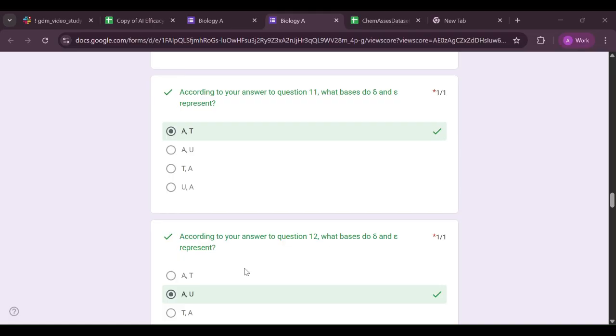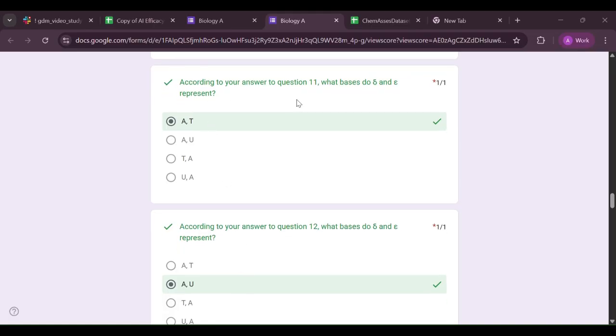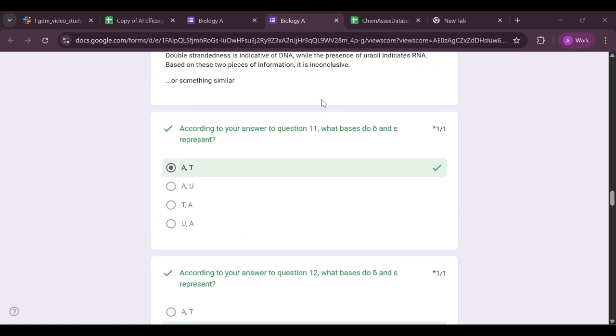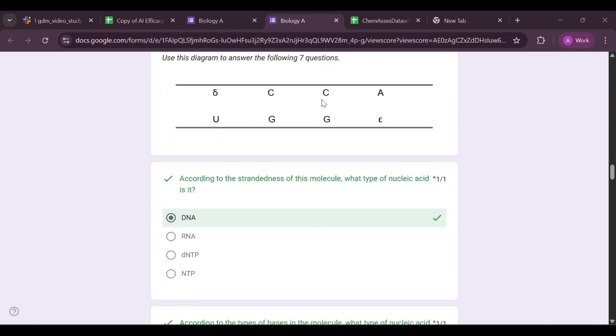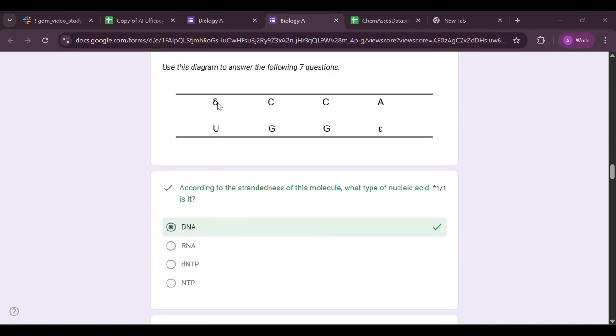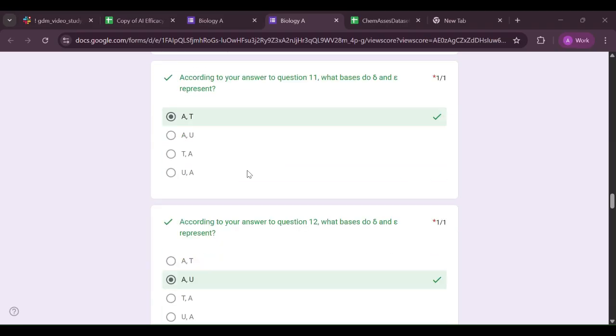So moving ahead, according to my answer to question 11, what do the delta and epsilon represent? As my answer here is DNA, delta will be A and epsilon will be T, as thymine is present in DNA. So the answer will be A comma T, which is correct in my case.